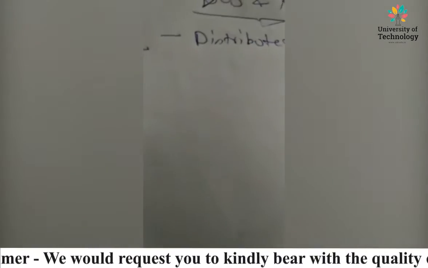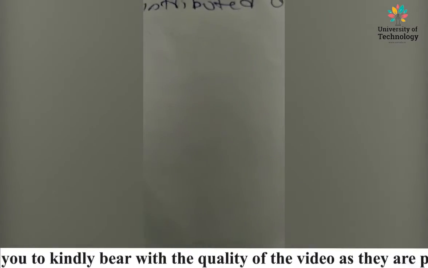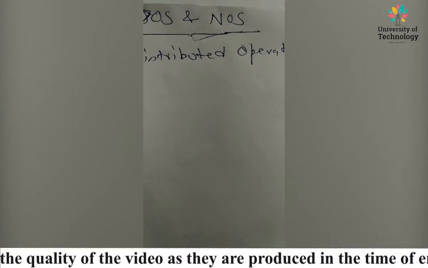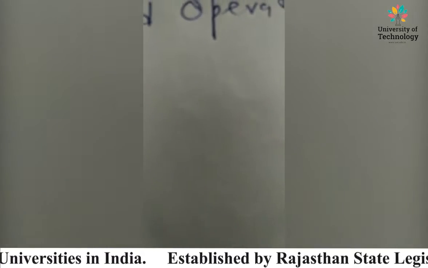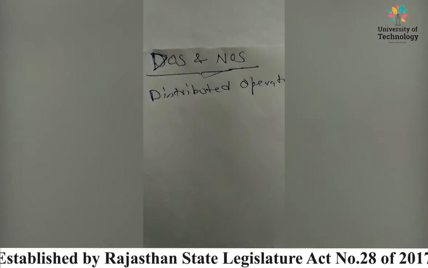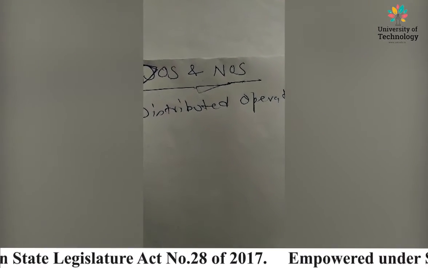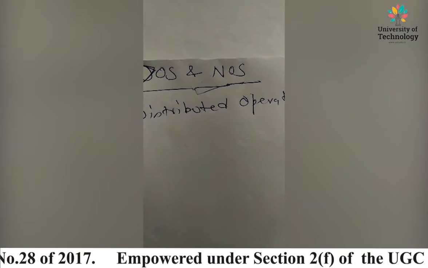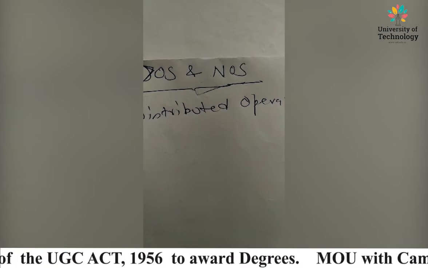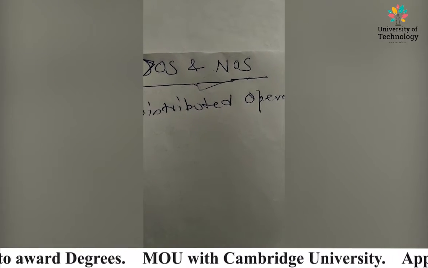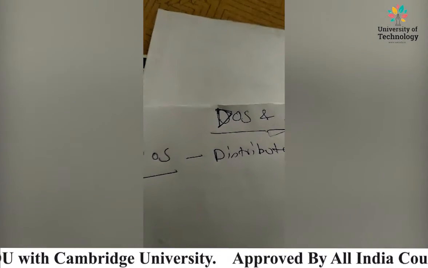This type of operating system is a recent advancement in the world of computer technology and is being widely accepted all over the world with a great pace. Various autonomous interconnected computers communicate with each other using a shared communication network. Independent systems have their own memory unit and CPU. These are referred to as loosely coupled systems.